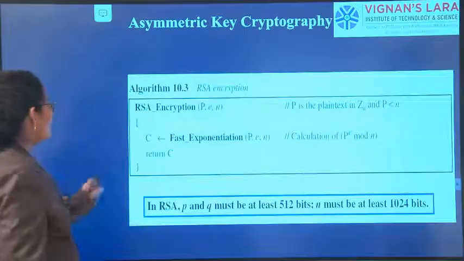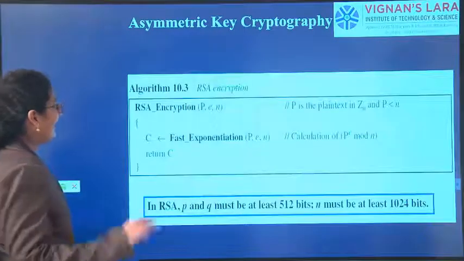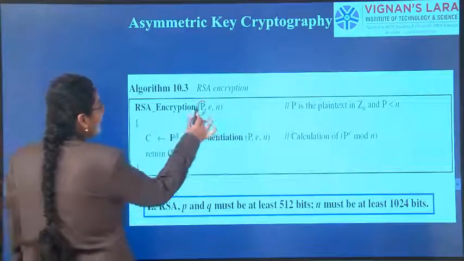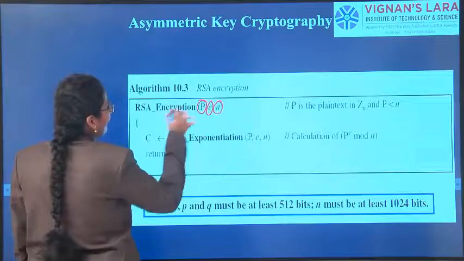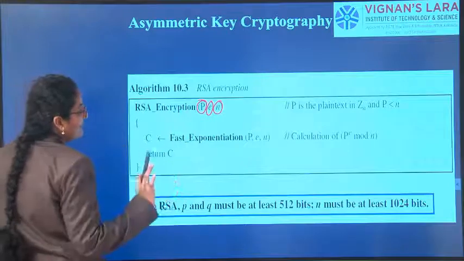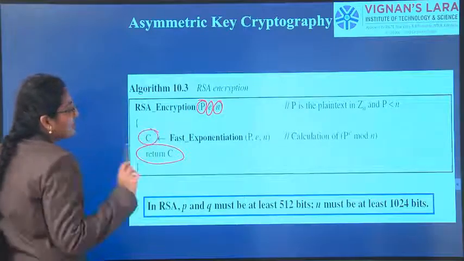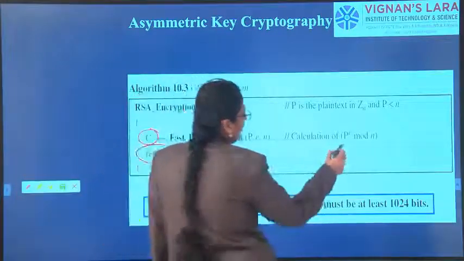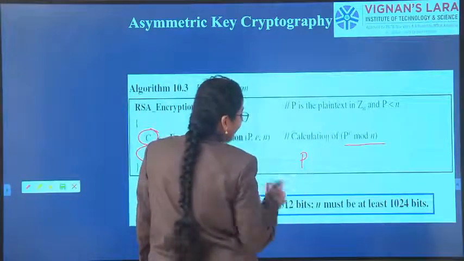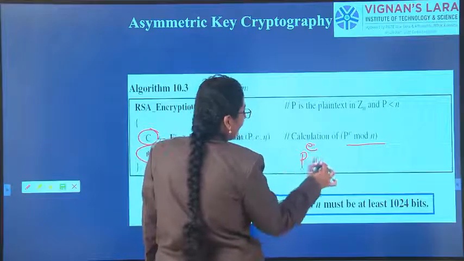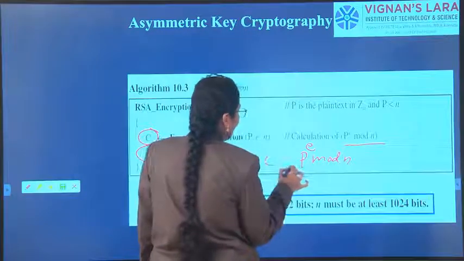Next, what is happening in encryption side? To do encryption we need plain text, we need E value, we need N value. All these we already calculated. We have to return C as the output. C is the ciphertext. So for calculating C we have already formula. Plain text power E mod N equal to ciphertext.